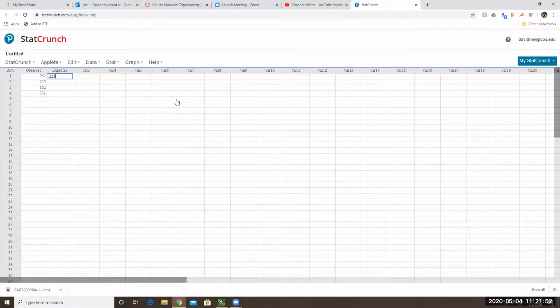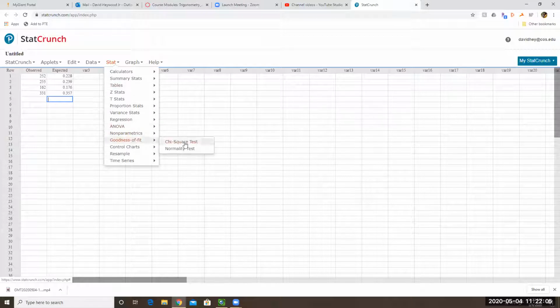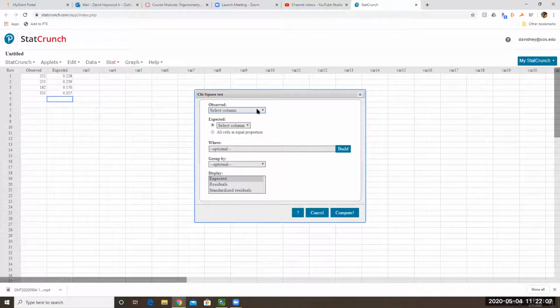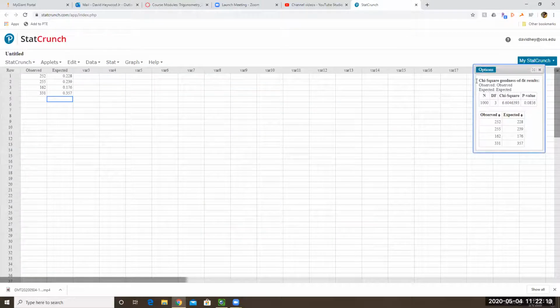So it's 0.228, 0.239, 0.176, and 0.357. Okay, so we're going to go to stat, goodness of fit, chi-square test. So observed and expected, and then hit compute.